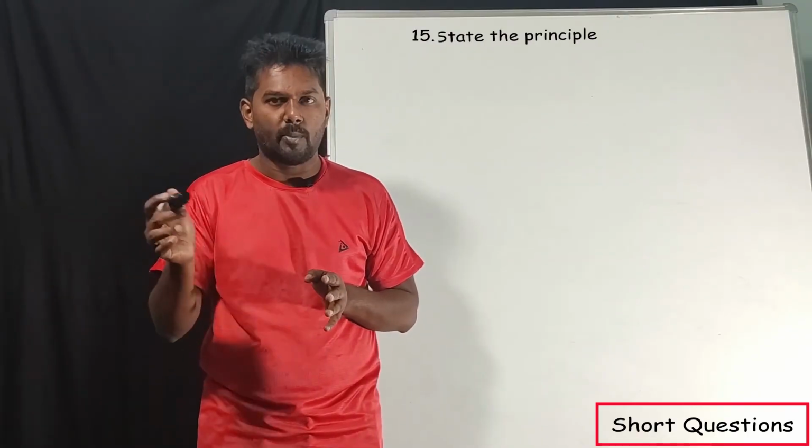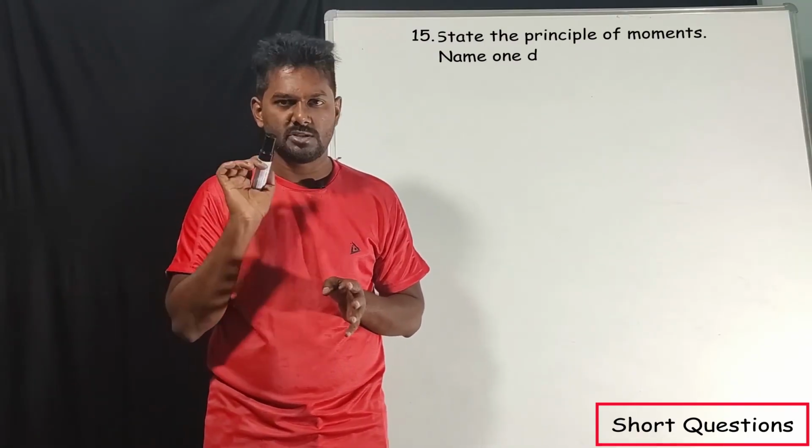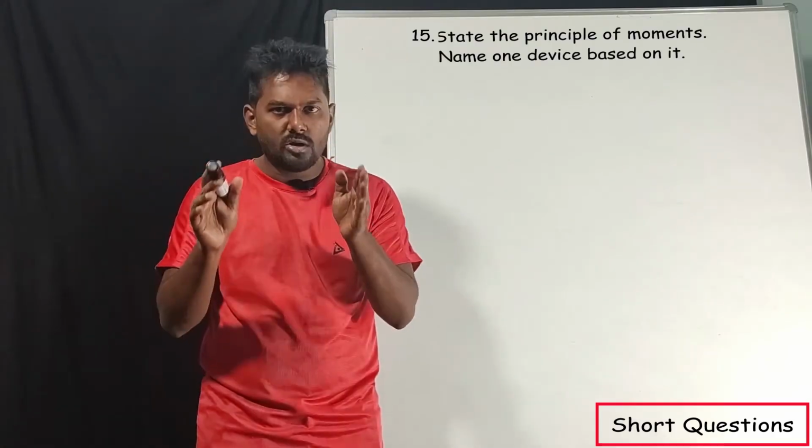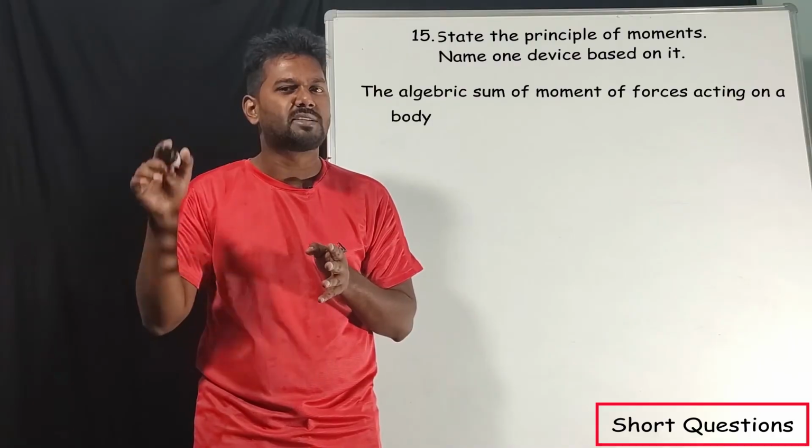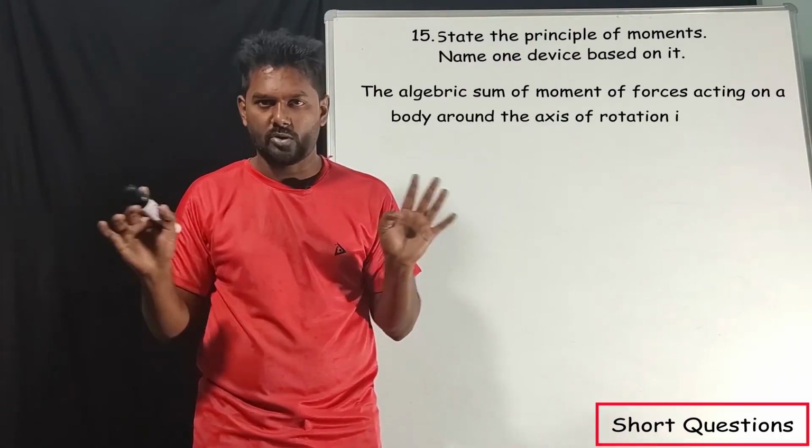State the principle of moments, name the device that works on this principle. Very simple, listen. The algebraic sum of moments of forces acting on a body around the axis of rotation is 0.